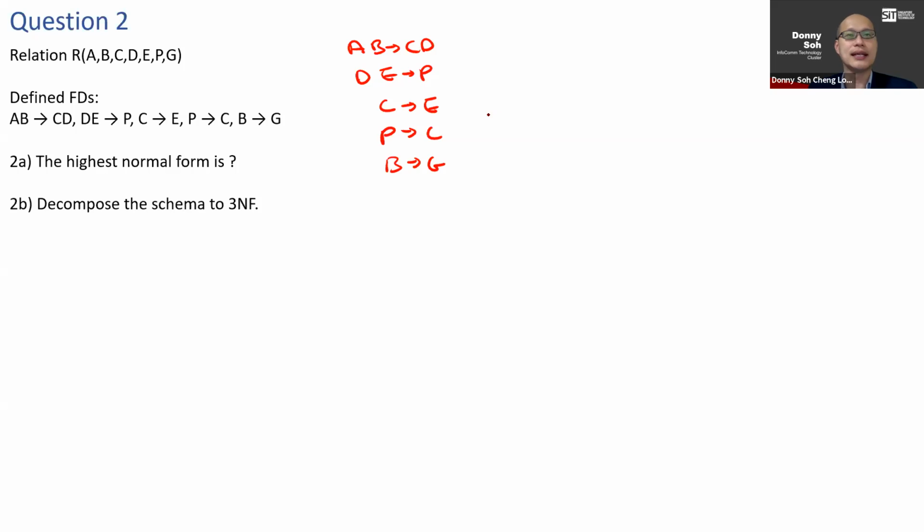Hello, I will start. I wrote out the FDs here. Okay, let's find out the attributes that are not on the right hand side. It's A, B, C, D, E, P, G. So it's only A, B that is not on the right hand side.